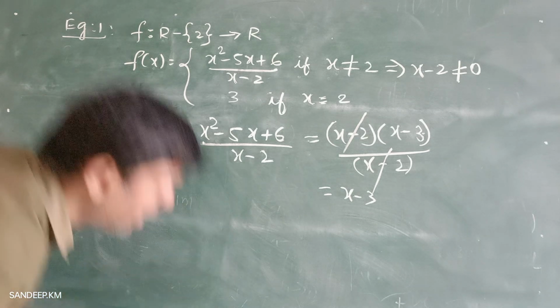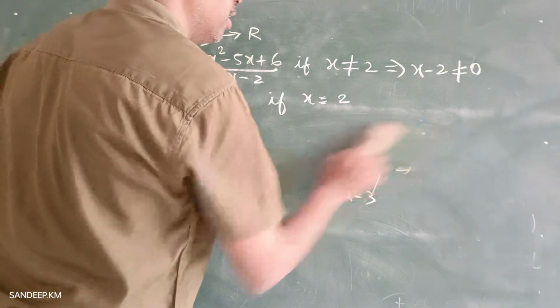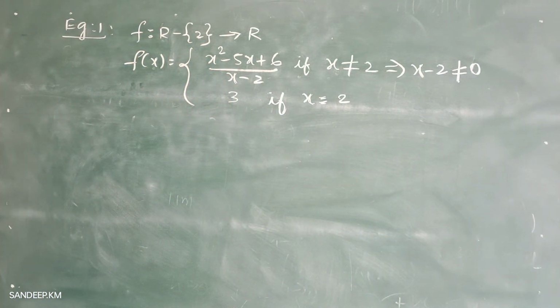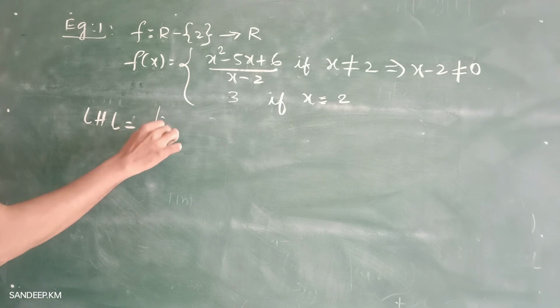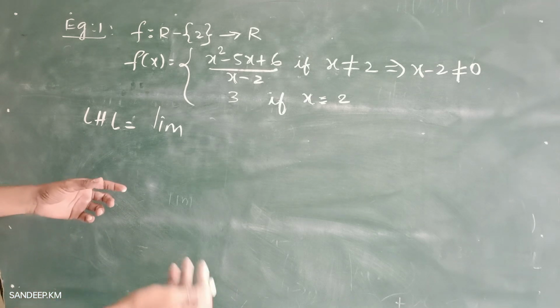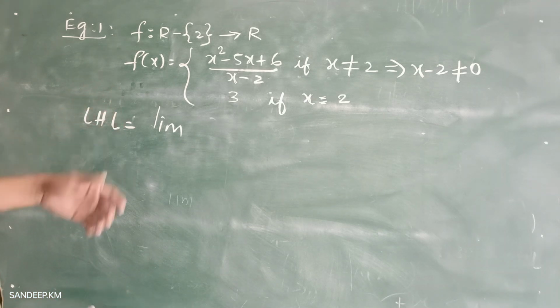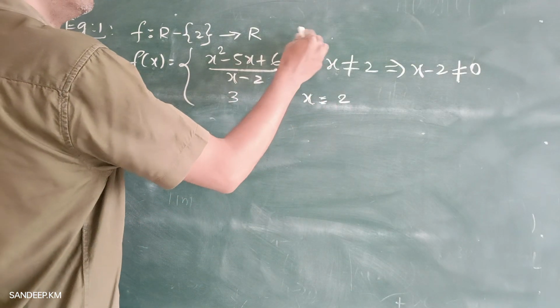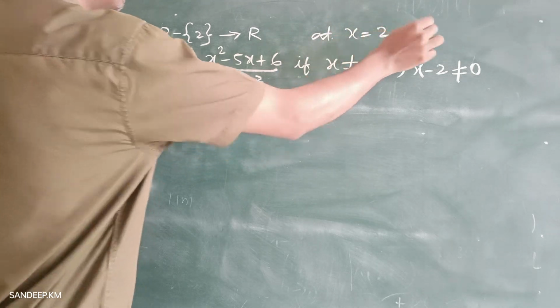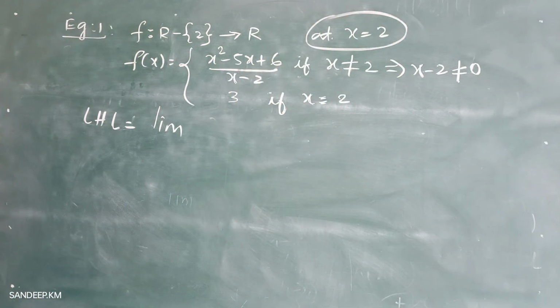Anyhow, here we are talking about left hand limit and right hand limit. Correct or not? So let me take left hand limit. LHL is equal to limit x approaches at what number? I am sorry, I didn't mention. We are talking about limits at x is equal to 2.